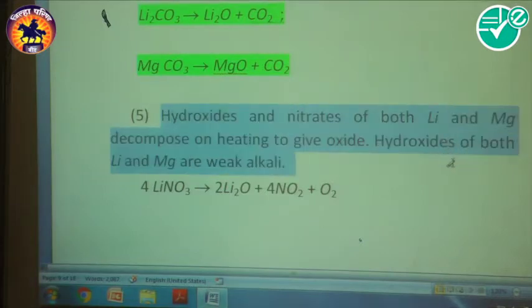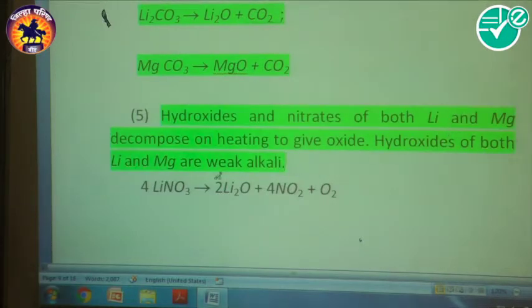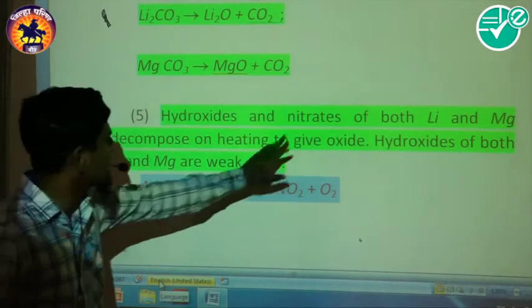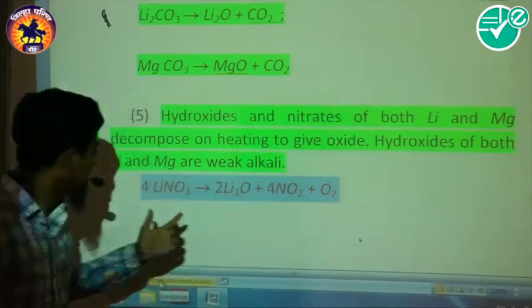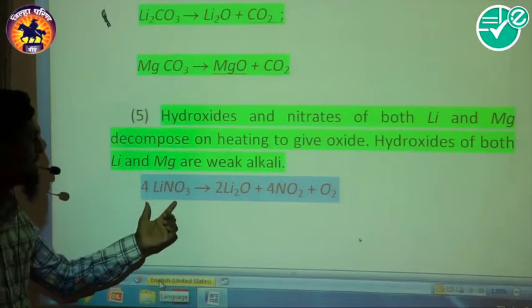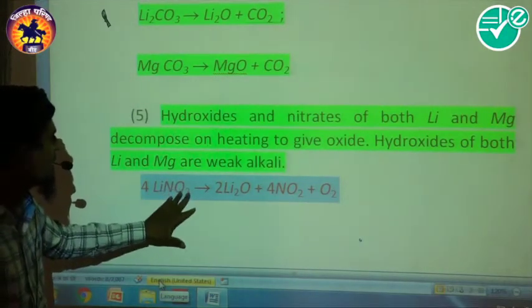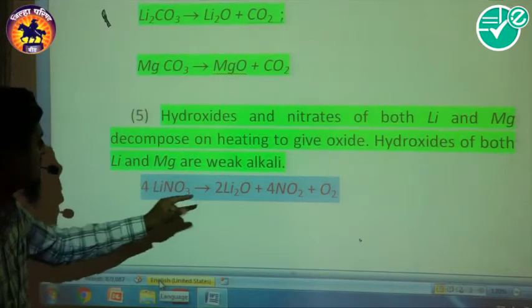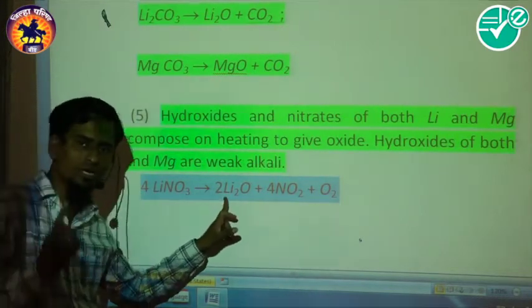Hydroxides and nitrates of both lithium and magnesium decompose to give oxide. Very, very important. See here please. What it says: hydroxides or nitrates of lithium and magnesium, on heating, decompose and form lithium oxide.